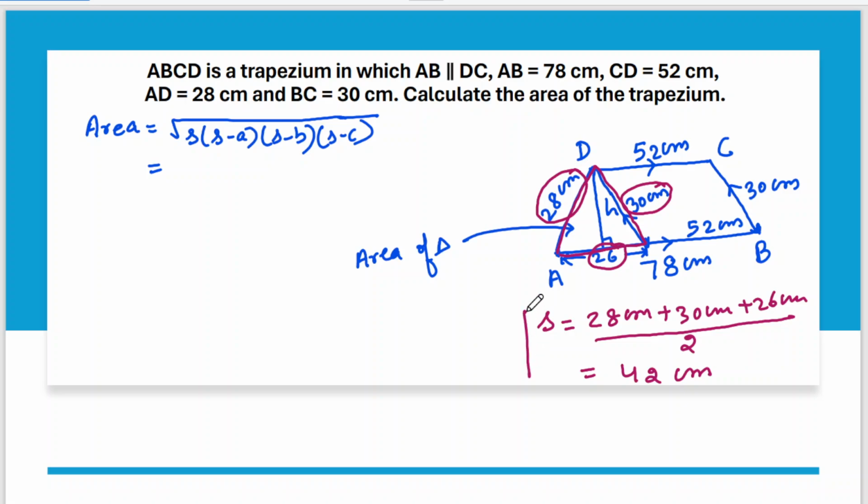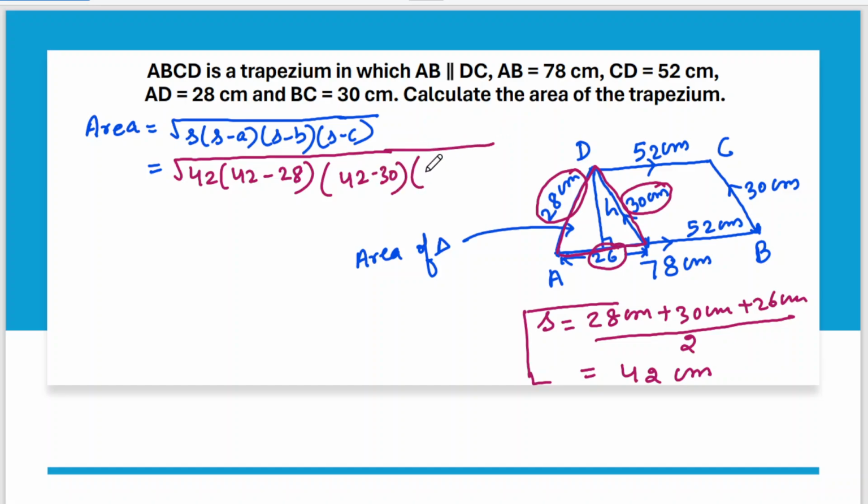So now we have got the semi-perimeter. Let us use this here. Semi-perimeter is 42, so 42 minus 28, then 42 minus 30, and then 42 minus 26. I am just subtracting the length of the sides of the triangle from the semi-perimeter.